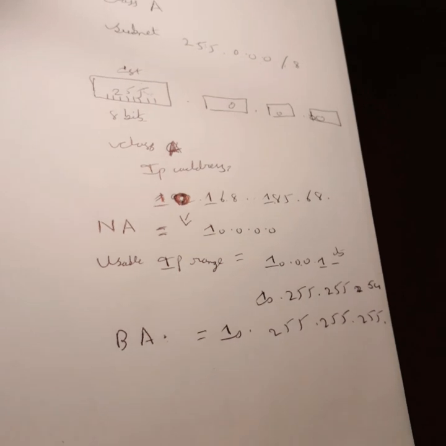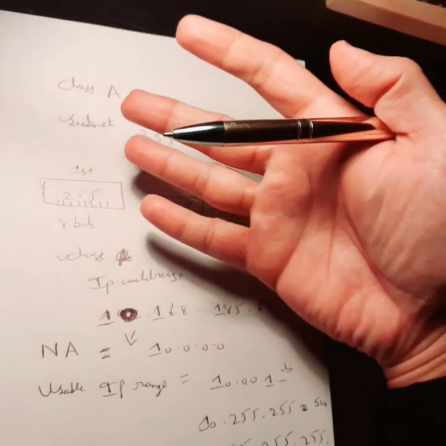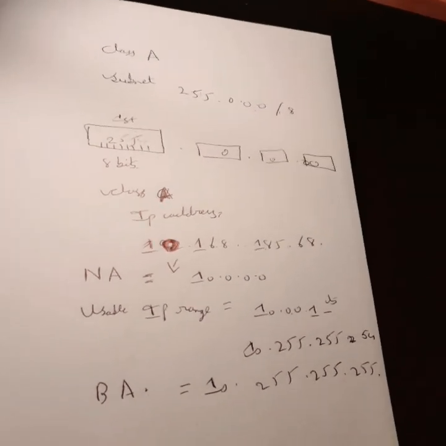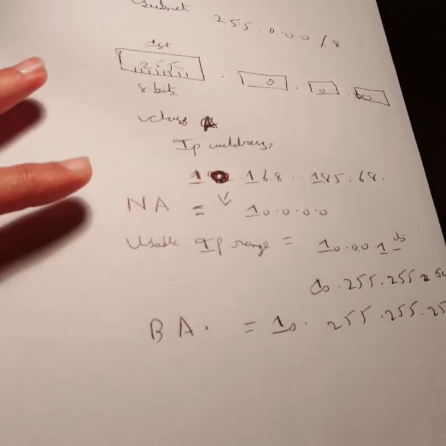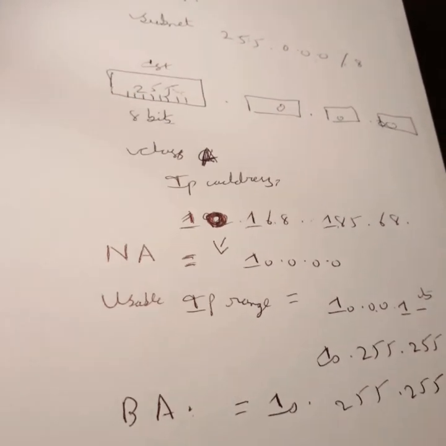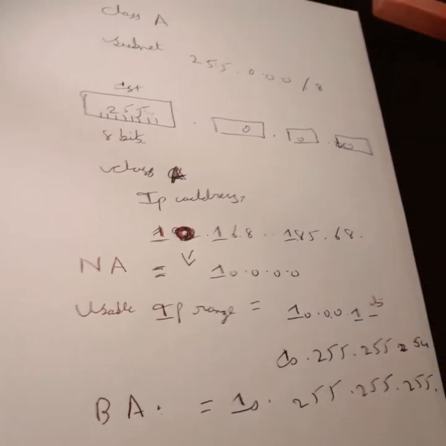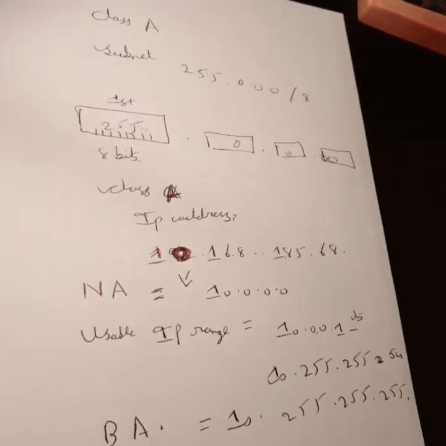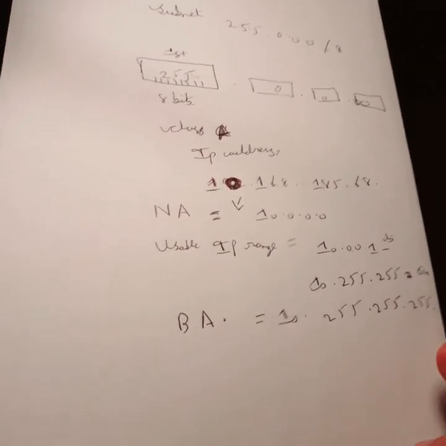Before you move on to a site, you should have a brief idea of network designing, that these are the steps. At least you should know the network address, the usable IP range, and the broadcast address, with these dimensions that have been given to you or chosen by yourself.